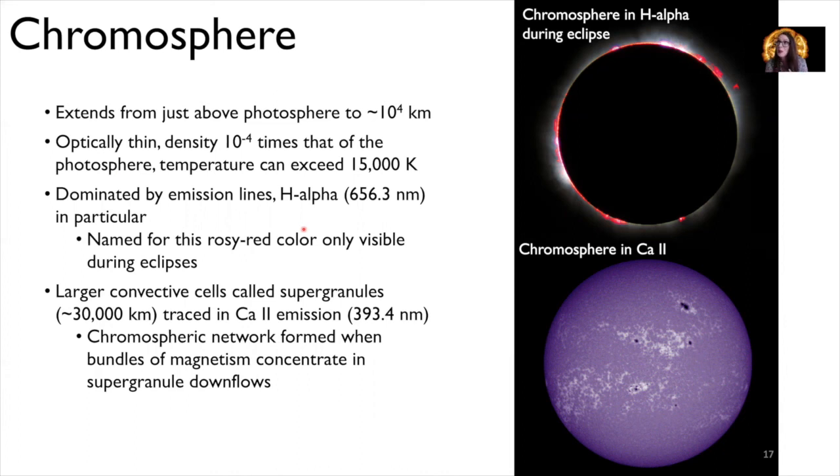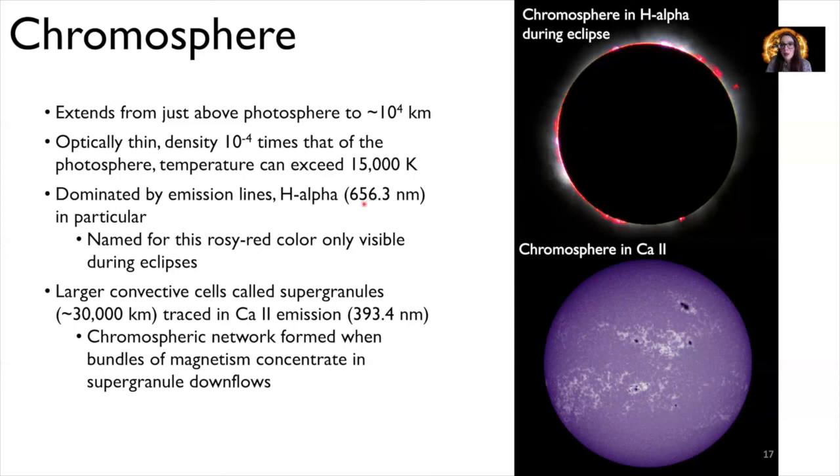We talked about emission spectra. It's dominated by emission lines, and in particular an emission line that we call H alpha, hydrogen alpha, which has a wavelength of 656.3 nanometers. The chromosphere is named for the rosy red color, the 656.3 nanometers, visible only during eclipses.